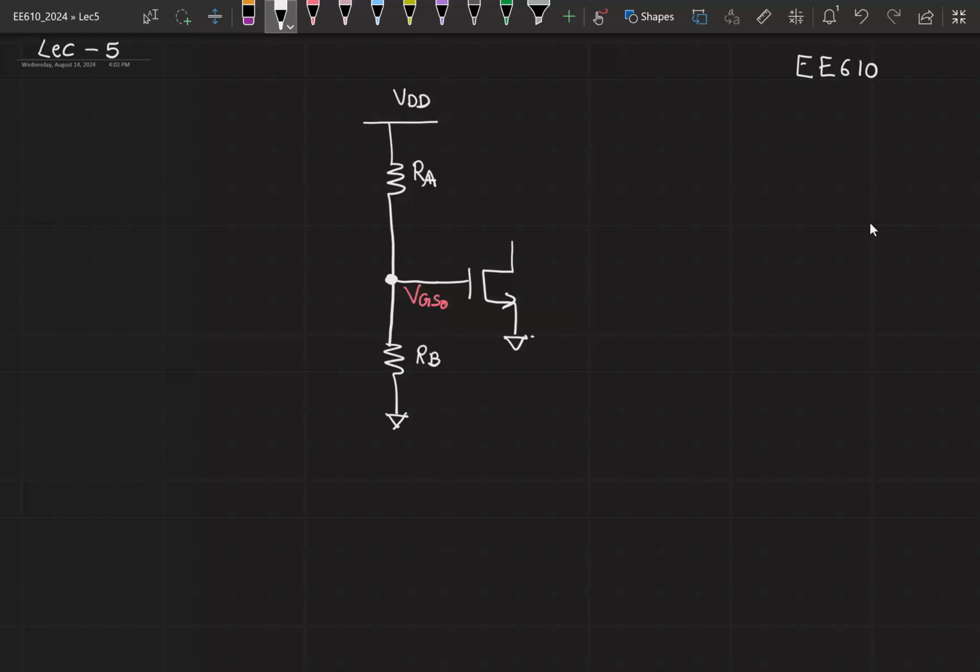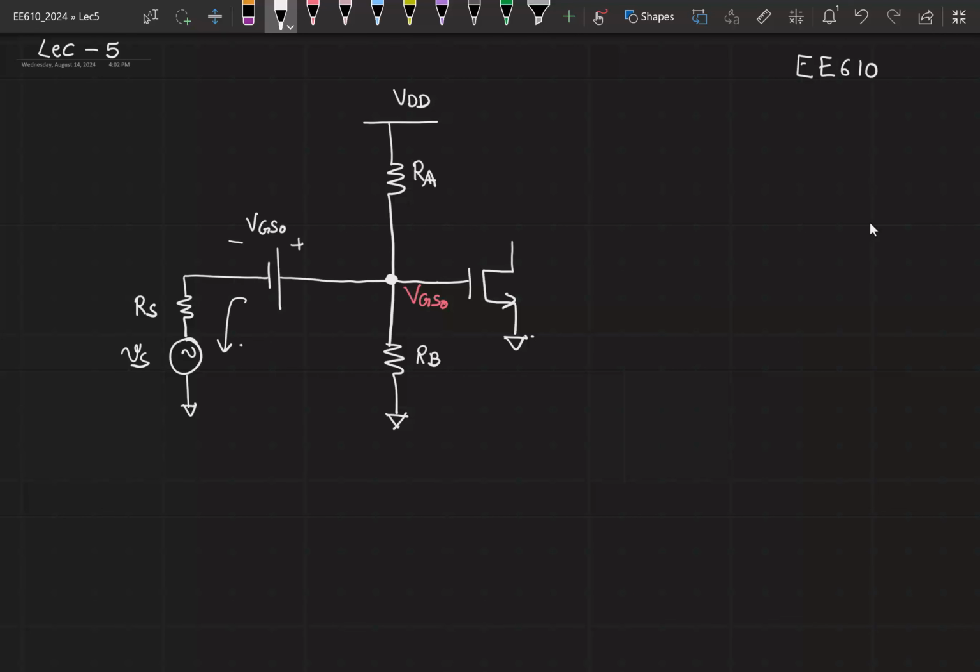How did we connect our small signal source here? We took our small signal source, some value Vs. A source always comes along with its source resistance, so we have to account for that Rs. And then we connected it through a battery which had the same potential as VGS0, such that you wouldn't have any DC current flowing through this.